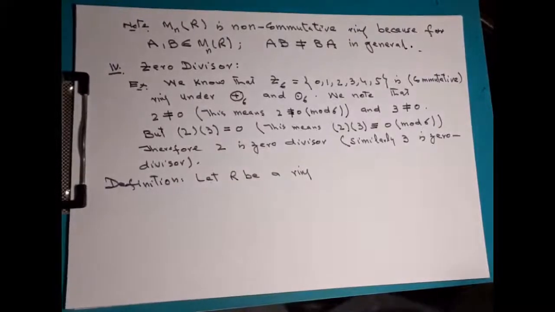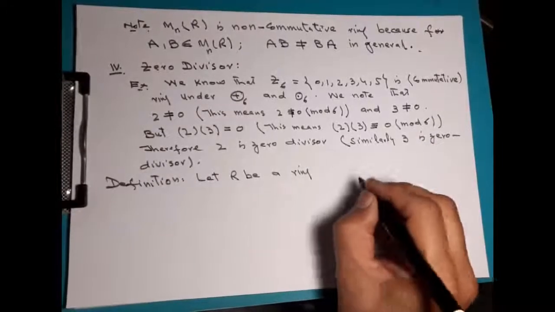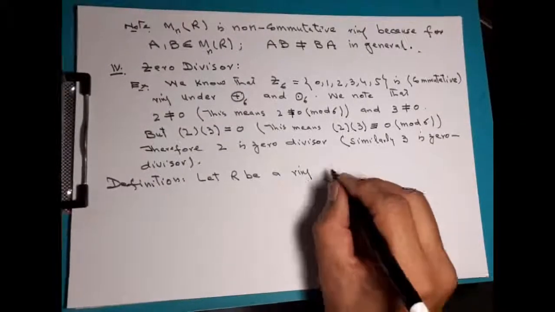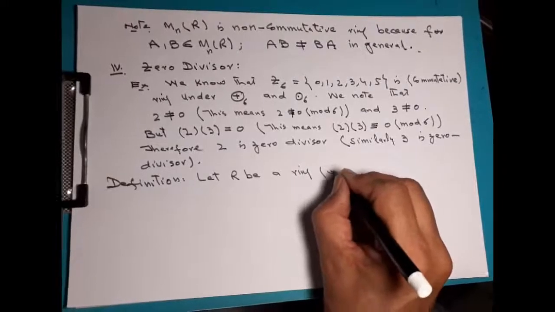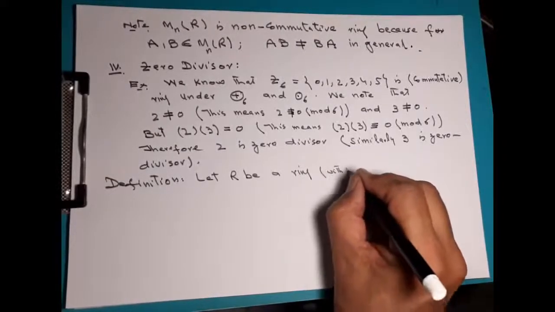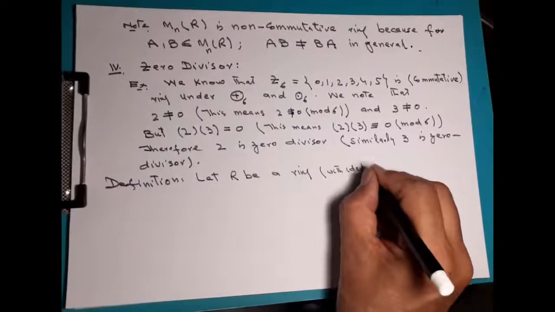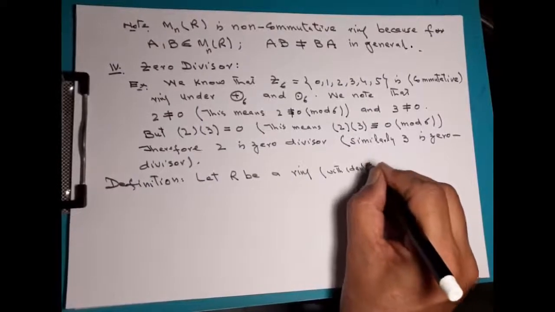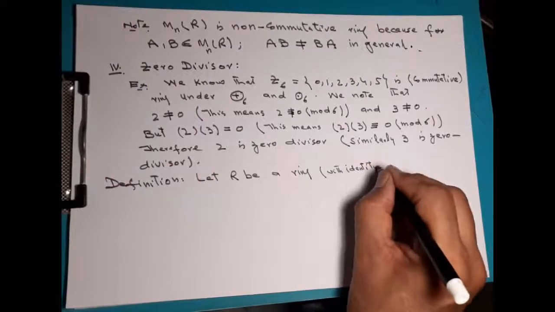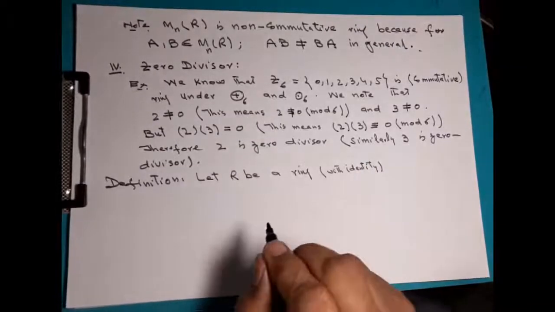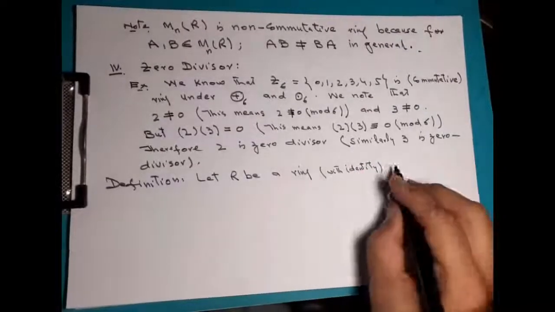Most rings we consider are with identity. So let R be a ring. Let's write it with identity. I have written it in brackets just to be careful.